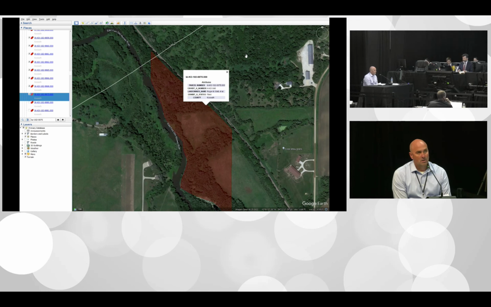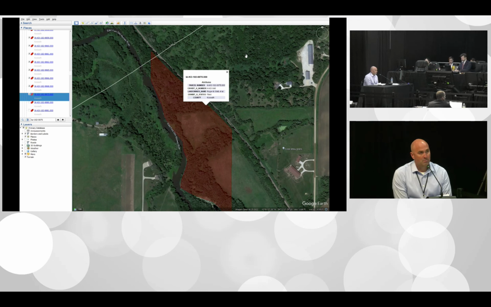Okay, thank you. Can you describe the current use of the property and any plans you have for the future? Sure. Currently, that property, as well as the adjacent property to the southeast there, is enrolled in CRP. There's about 30 acres, and that CRP contract goes to 2030. We also use that land for recreational uses, hunting, fishing.